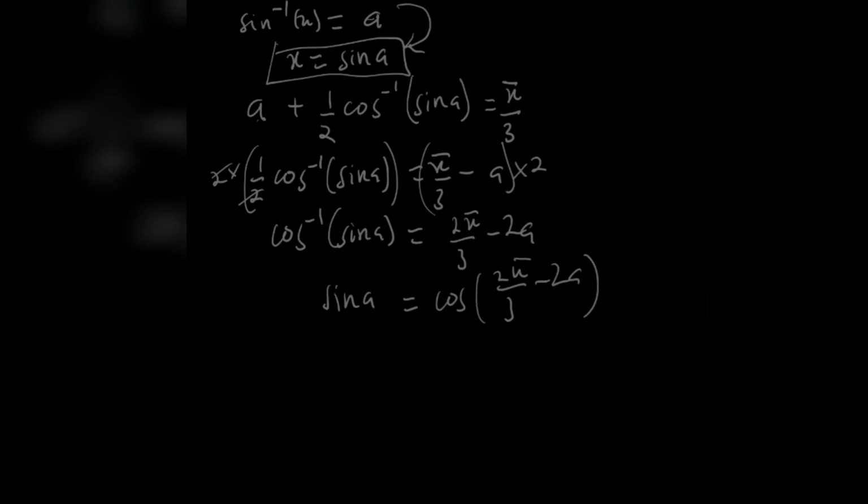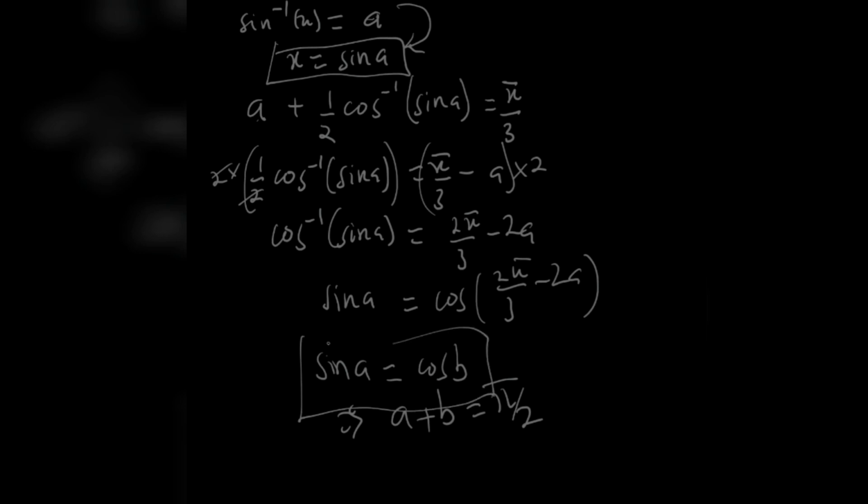Now in trigonometry, if you have sine of a being equal to cos of b, what this implies is that a plus b equals pi on 2. It's a condition. It's been proven that if sine a equals cos b, then a and b are complementary.